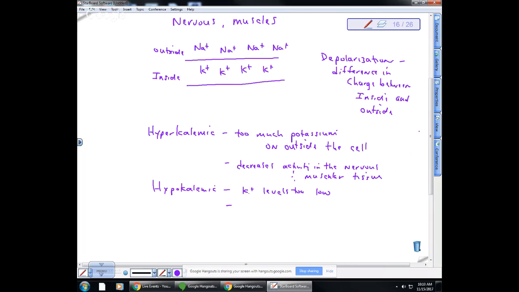So this also influences or decreases activity. And so those levels of potassium on the inside and the outside of the cell are super important in regulating that. Okay, so that is potassium. So potassium being the most common cation that we see inside of the cells.